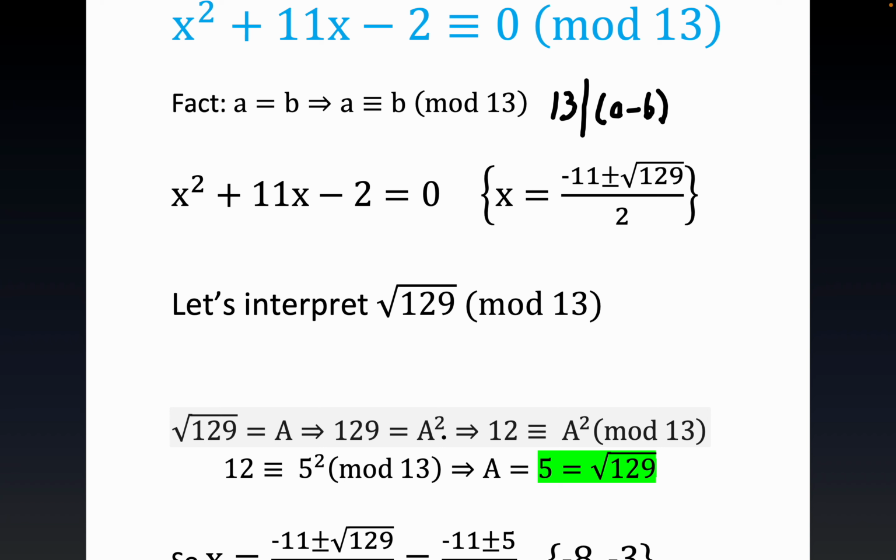Now notice right here that I went from equalities to congruence basically because of this. You can, and it's useful. Now notice that I replaced 129 with 12. That's because 129 is congruent to 12.